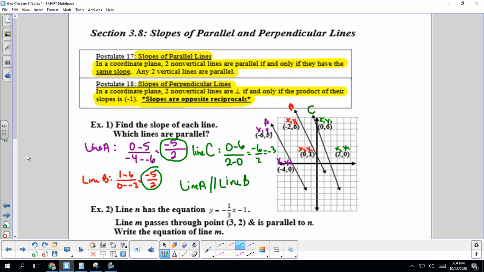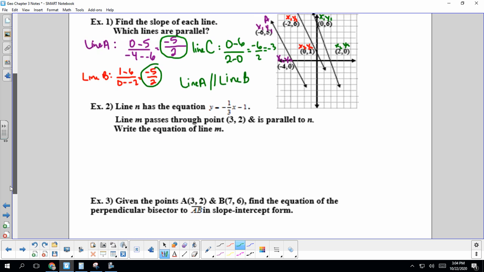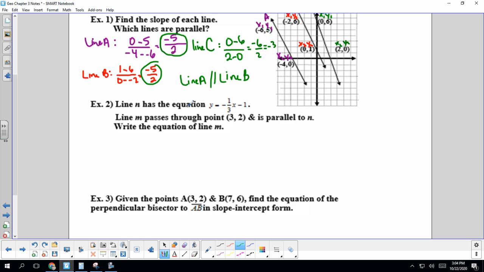Okay. Yay. Next one. Line N has equation y equals -1/3 x minus 1. Line M passes through point (3, 2) and is parallel to N. Write the equation of line M. So remember, y equals the slope times x plus b.